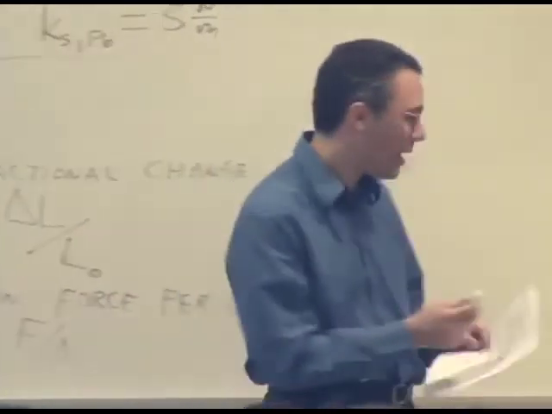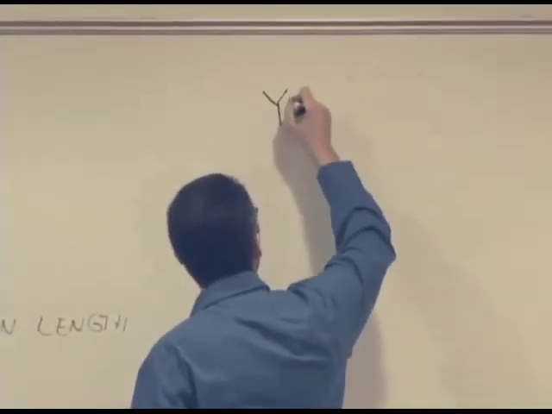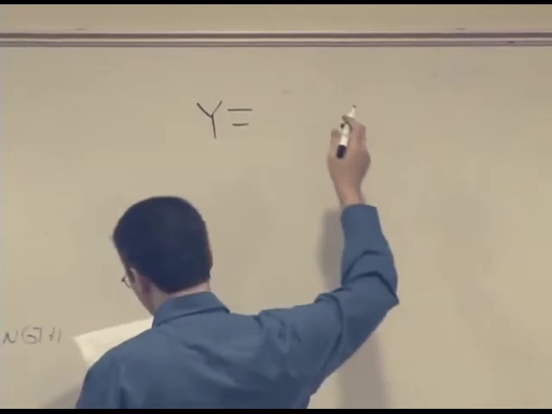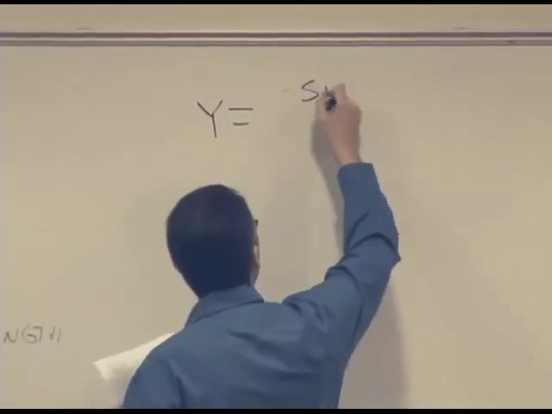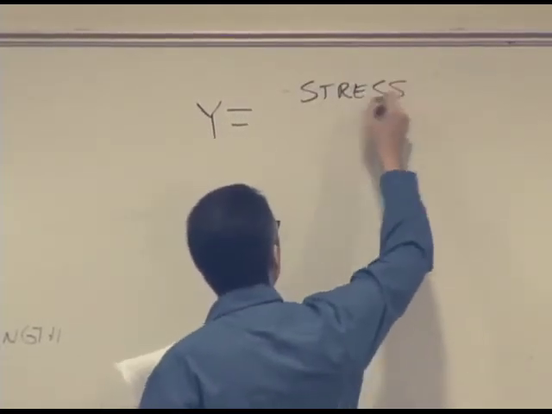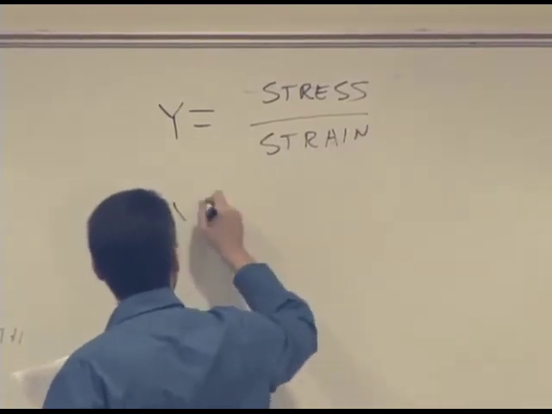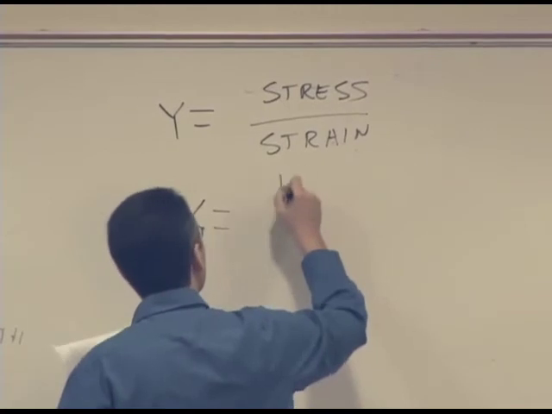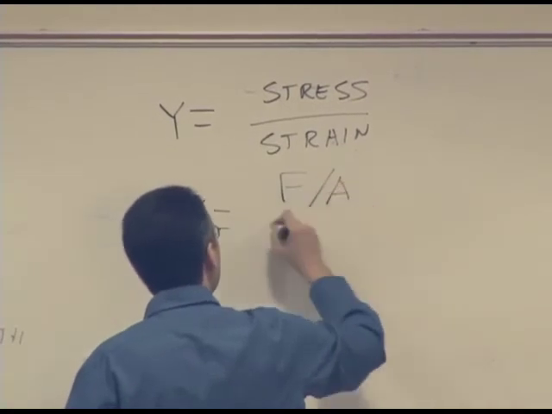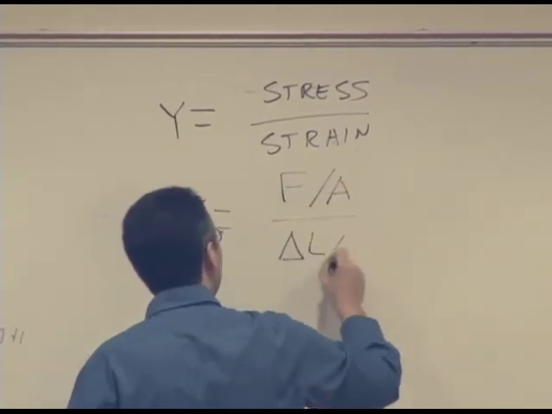Young's modulus is then defined to be capital Y, and it is the stress divided by the strain. In other words, capital Y is F over A divided by delta L over L.